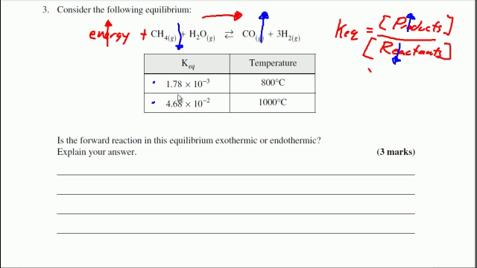And that's why we see the products going up and the reactants going down, or in other words, KEQ becoming larger. Remember, this number is much, much bigger than this number right here. So if energy is on the reactant side, well, that is pretty much the definition of an endothermic reaction.